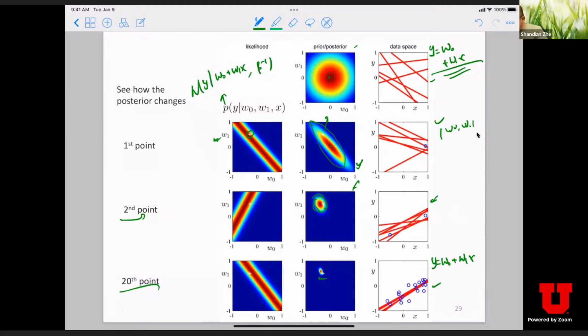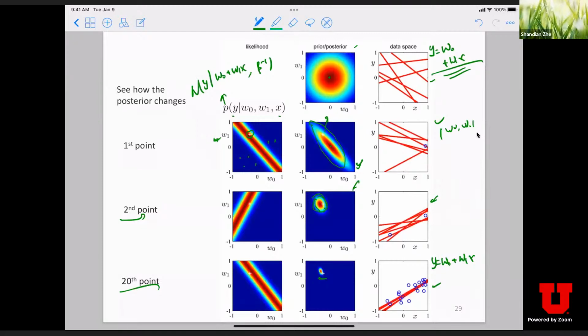You can see that different points on those panels indicate different choices of W0 and W1 values, and here X and Y are fixed. They're just observations: the observed input and the observed output. Of course, with different weights, your likelihood has different values.